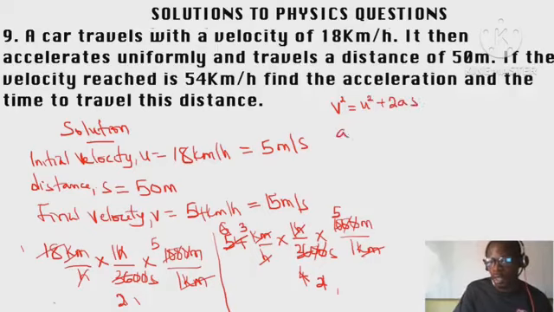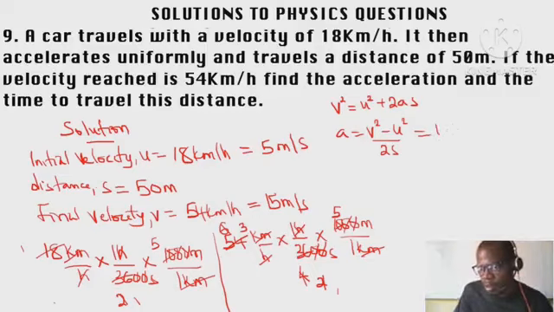So we can say that a equals v squared minus u squared over 2x. And what is v squared? Then we have here 15 squared minus 5 squared divided by 2 times 50.